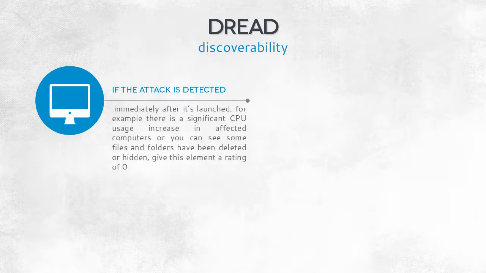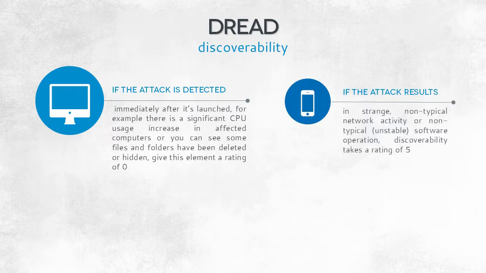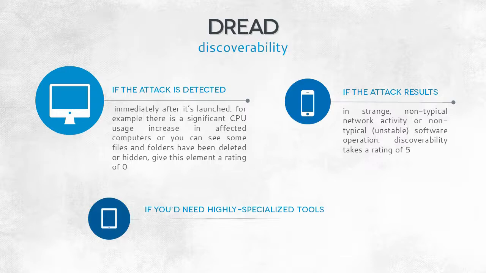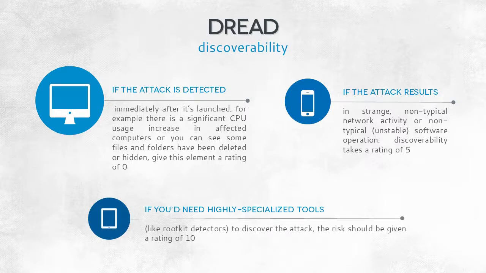The discoverability of such an attack would be assigned the value of 0. It should be given a 5 if the attack requires additional operations to be discovered. Such operations may include reviewing the cycle of operations of a user or the attacker. If the attack doesn't get discovered at all, or it requires specialist tools to do so, the risk would be assigned the value of 10.